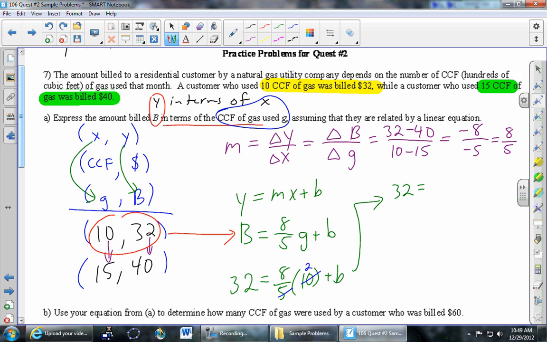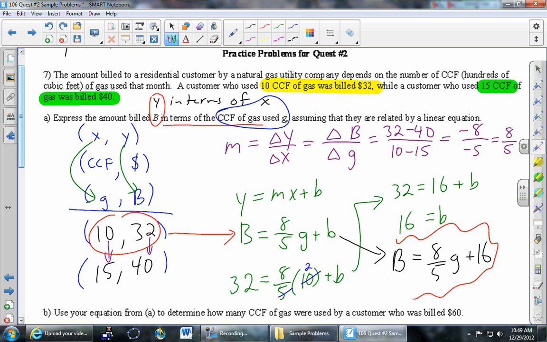So 8 times 2 is 16, plus b. Subtract the 16 from both sides. 32 minus 16 is also 16. So finally, with the y-intercept, we're ready to copy this equation one last time. B equals 8/5 of G plus 16. So that's the answer to part A.